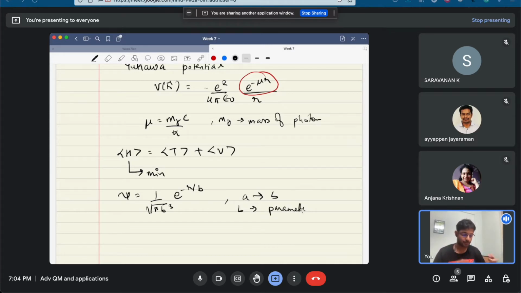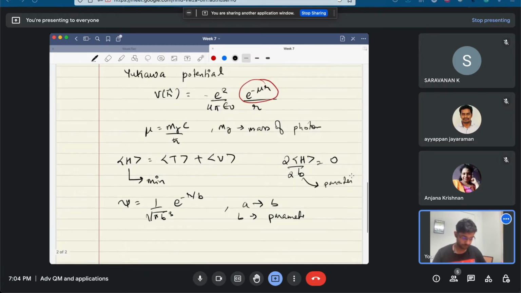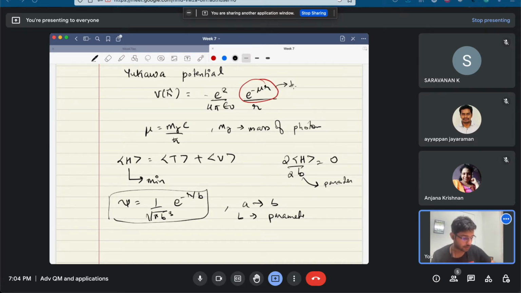So we are going to minimize, setting ∂⟨H⟩/∂b equal to 0, and b is the parameter that we are going to optimize, right? So we know that this wave function is the ground state wave function for the hydrogen atom. If we didn't have this term which comes from the Yukawa potential, then we would have essentially got the ground state energy of the hydrogen atom. But for the Yukawa potential, we are going to see what we get here.